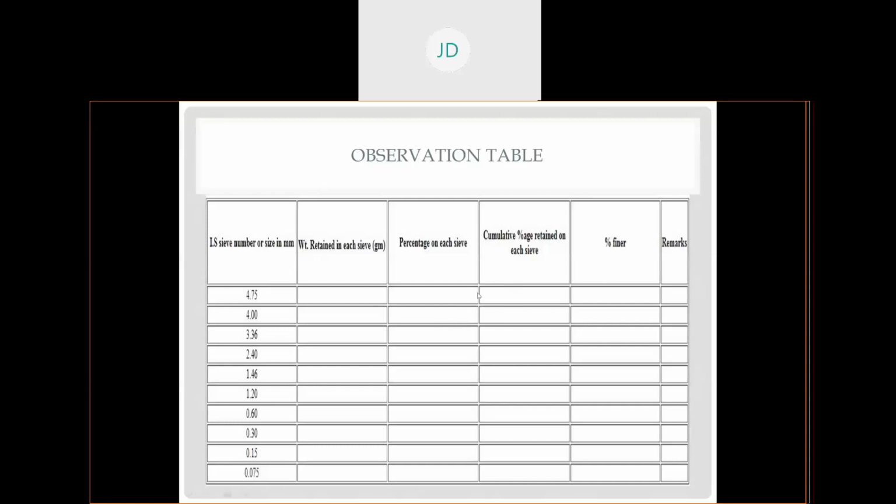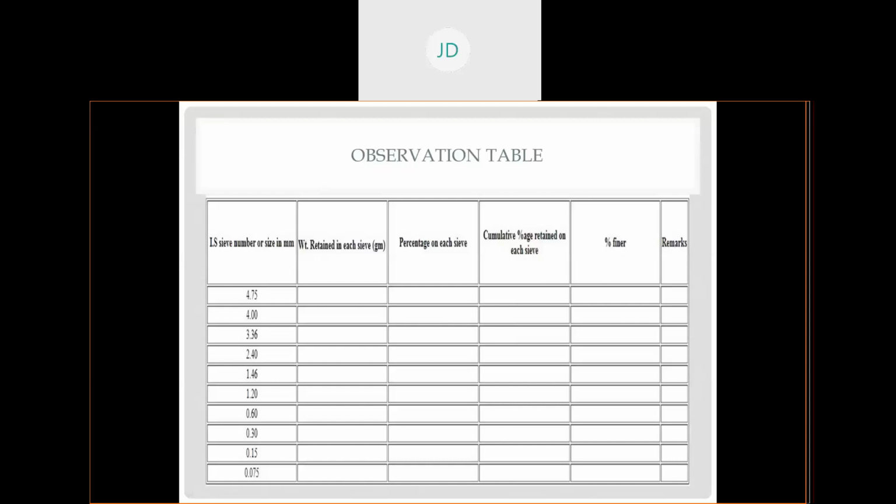Similarly, we follow the same procedure: this 30 percent plus the value here gives you this. So cumulatively you find the percentage retained on each sieve. After finding percentage retained, you find percentage finer, which is just the opposite of percentage retained. Now suppose it is percentage means what?